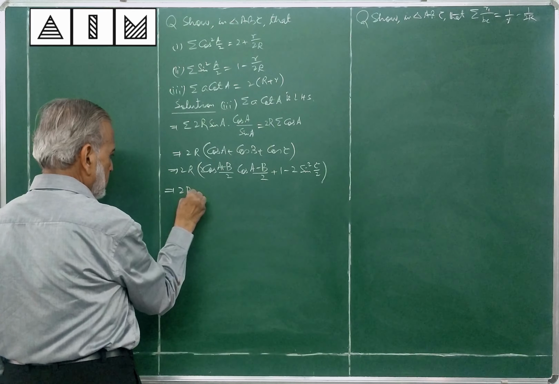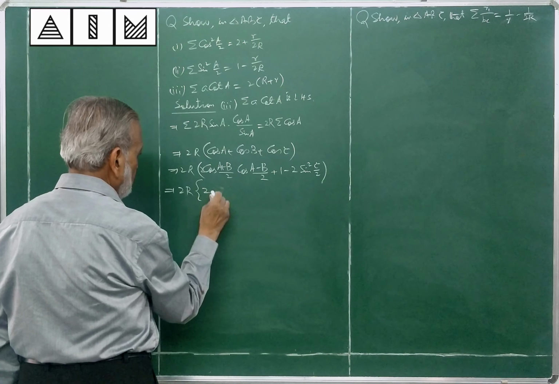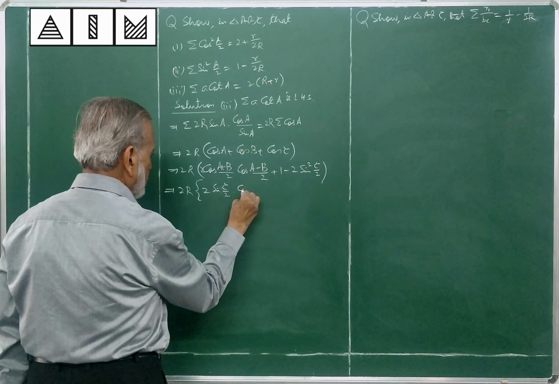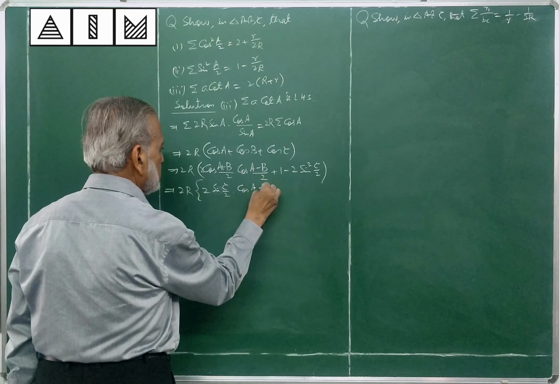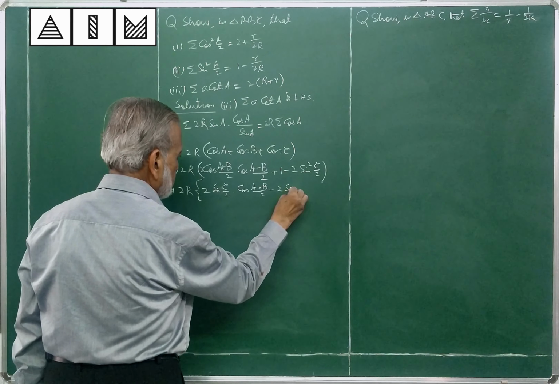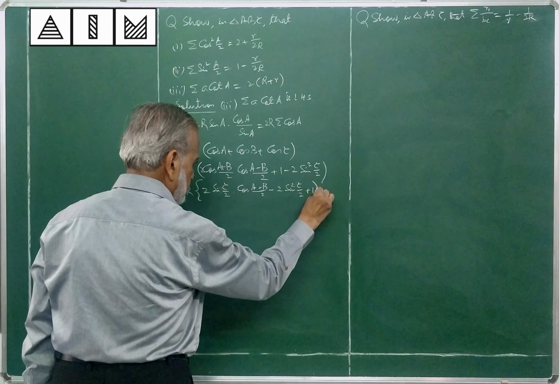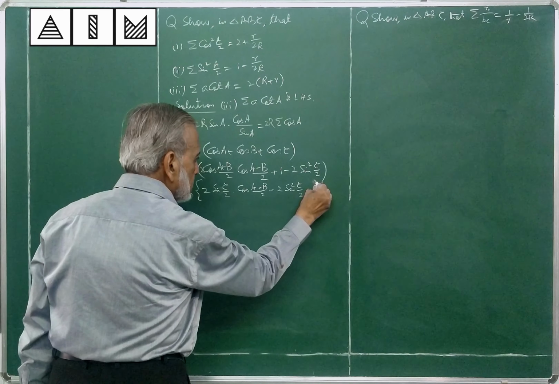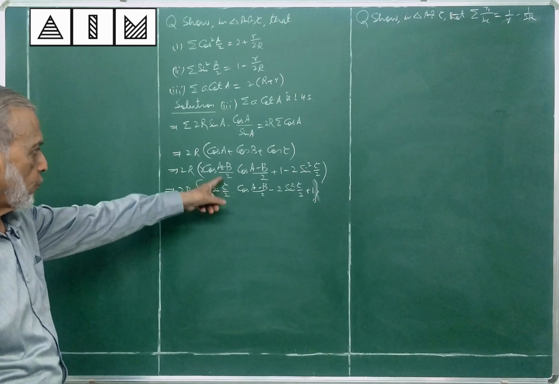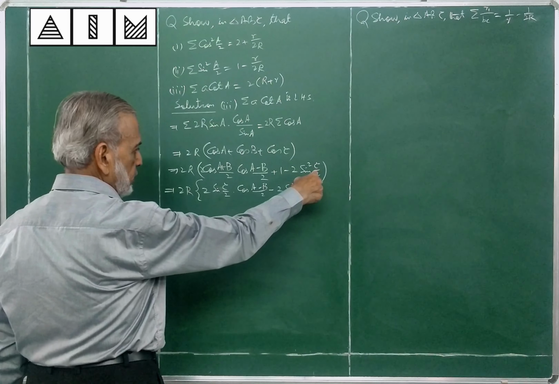Here cos A plus B by 2 is sin C by 2, and I have kept the 1 at the end.